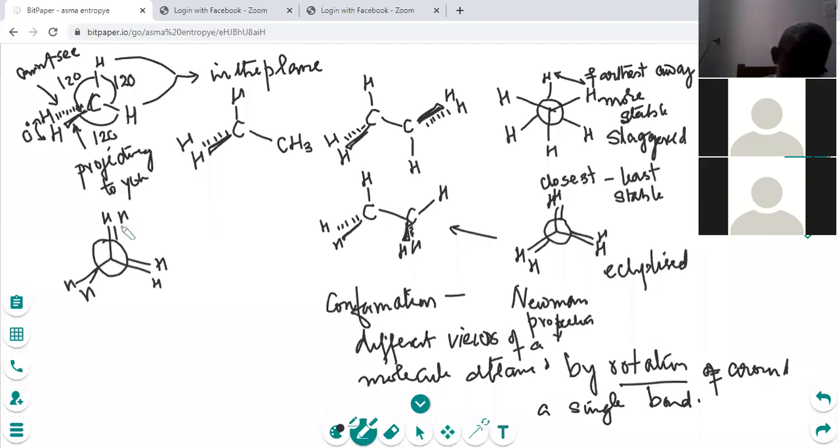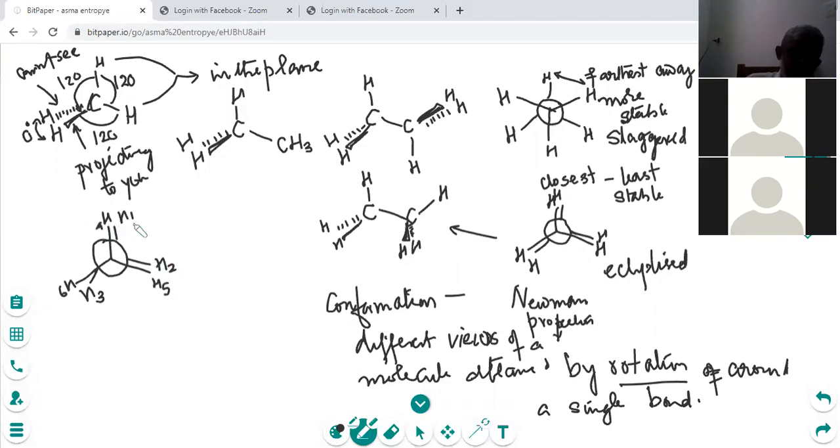This is a form in which the molecule is having the maximum energy. Now what I will do is mark this back hydrogen 1, 2, and 3, and the front hydrogen as 4, 5, and 6.